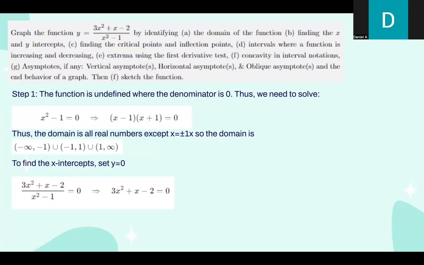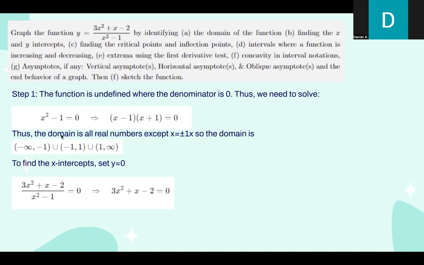Step one, the domain of the function. The function is undefined when the denominator is equal to 0. Therefore, we solve x² − 1 = 0, which factors into (x − 1)(x + 1) = 0.